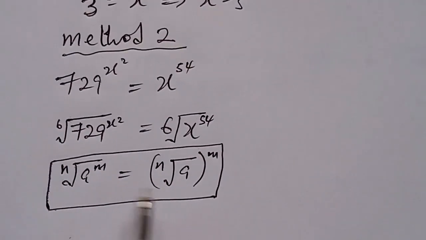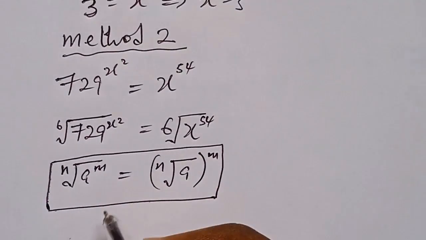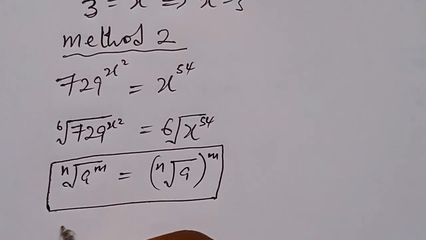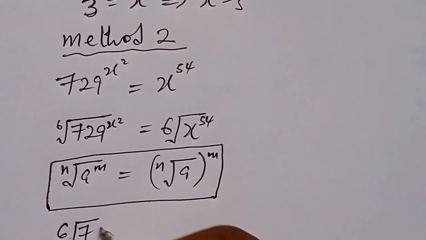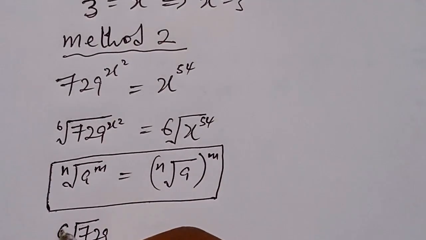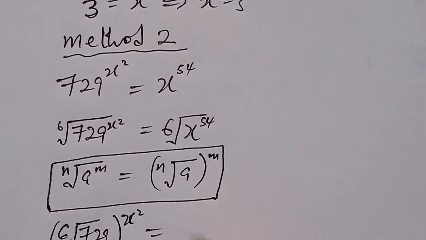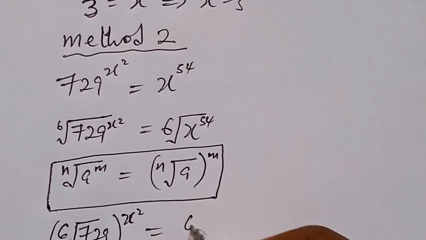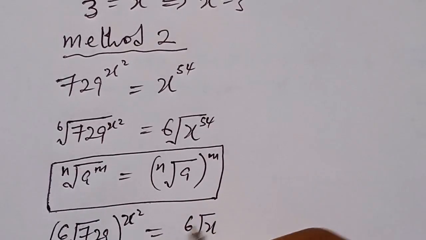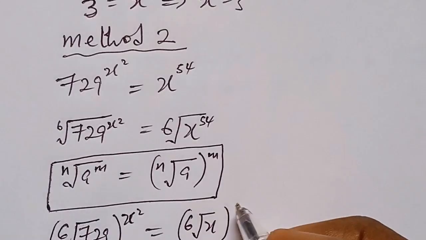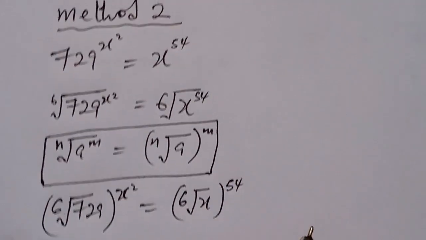So considering this identity, we can now put our next step in the form of 6th root of 729 in brackets x squared equal to 6th root of x in brackets to the power of 54.